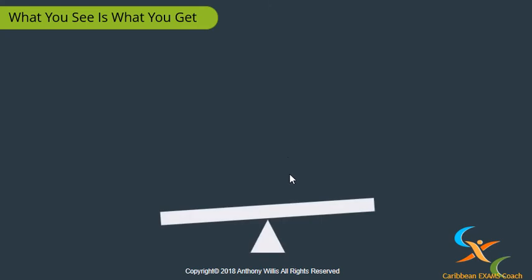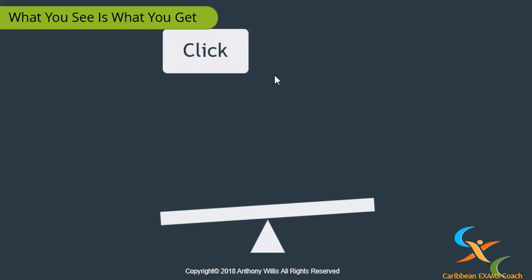Now, I'm using a balancing beam to contrast extra lessons with the interactive application called Click and Learn. So we're comparing Click and Learn, the software application, with the extra lessons you send your child to get at bottom houses in Georgetown and elsewhere.